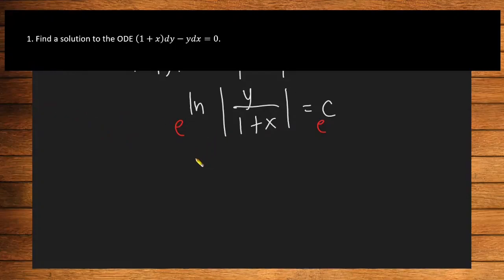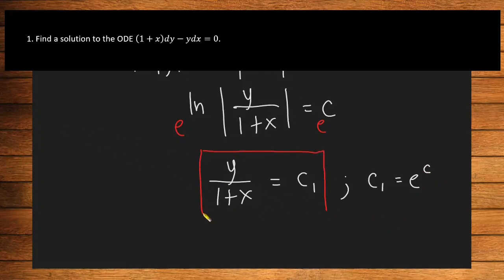So by the law of exponents, this term here will just be reduced to y over 1 plus x. And on the right side, e raised to a constant number, that is still a constant number. So let's just write c1, where c1 is equal to e raised to c. So this is now our final solution.